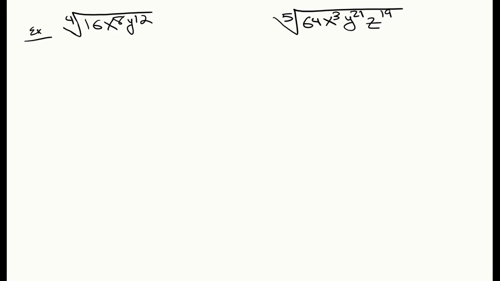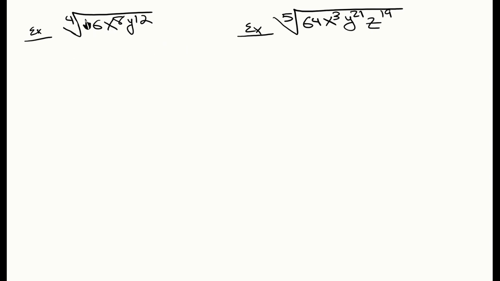Okay, so here we have a couple of more problems to look at before we go on to other types of simplification. Notice that we said that we usually divide these radicals into two parts: the perfect nth power radical and then the non-perfect, whatever that nth power is.